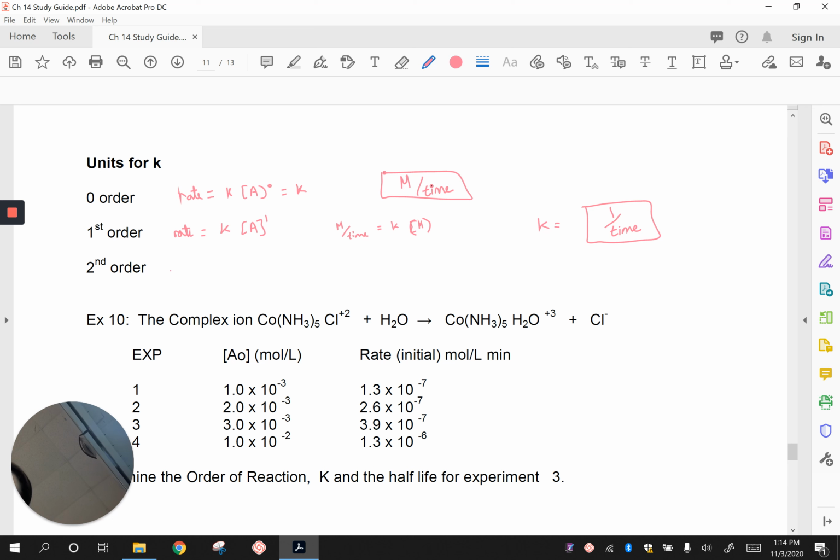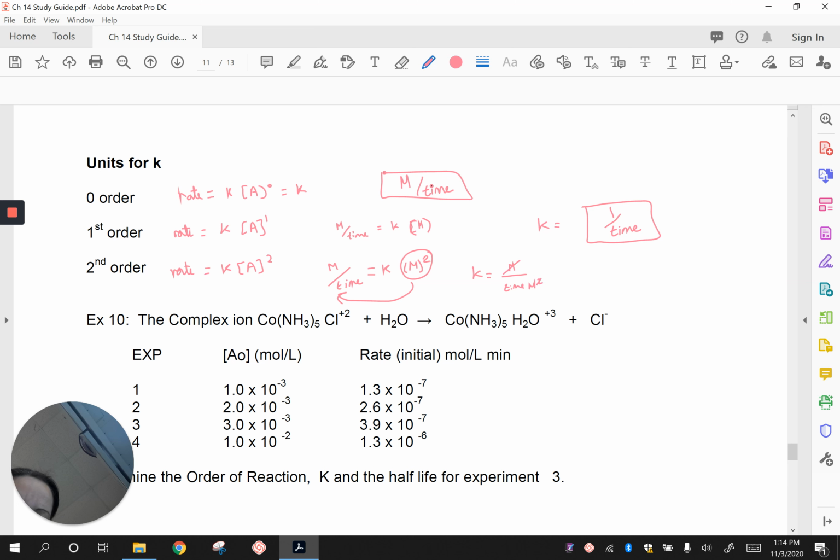Let's look at second order. Second order rate is equal to k times A squared. So my rate, which is molarity per time, is equal to k times molarity squared. So if I move this molarity squared to the bottom, I would get that k is equal to molarity per time times molarity squared.